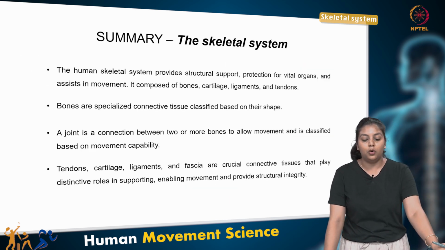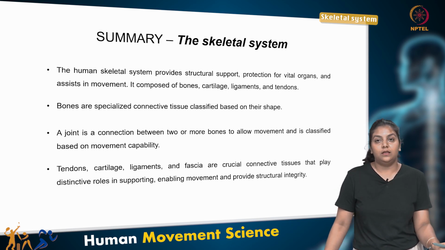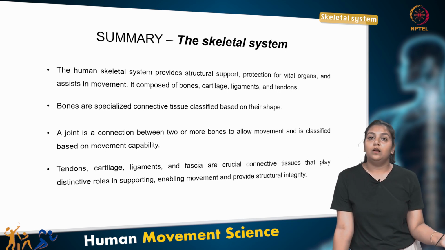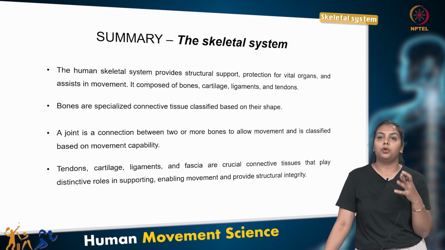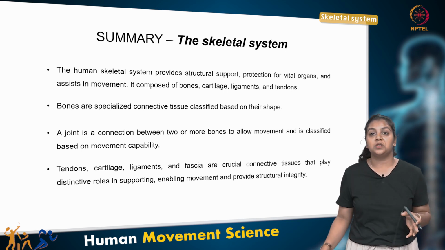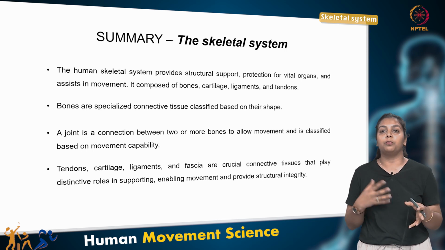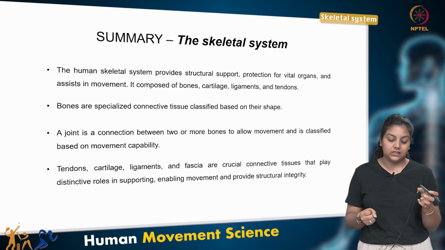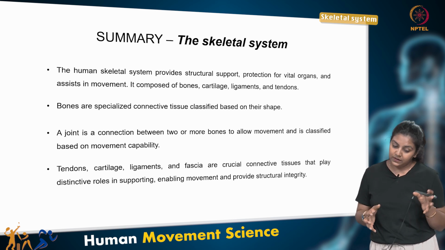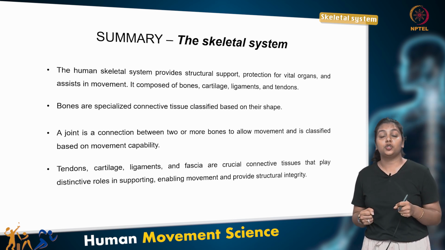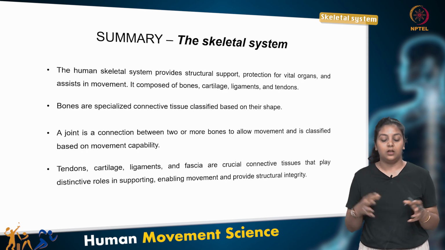In this entire module, let's recap and look at the summary. What did we learn about? We learned about the human skeletal system, its major role, which is to provide structural integrity, protect vital organs, and also assist in movements. What is it composed of? It's composed of your bones and skeletal structures like cartilage, ligaments and tendons. A bone, as we looked at, is a specialized connective tissue, and bones are classified based on their shape.